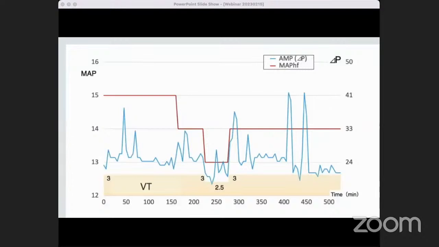Although the MAP is lowered and the tidal volume is lowered to indicate that oxygenation and ventilation have improved, the actual amplitude has increased, indicating that more pressure from the ventilator was needed. Subsequently, increased MAP and tidal volume did not immediately decrease amplitude. Higher FiO2 was needed, and nitric oxide inhalation therapy was required.